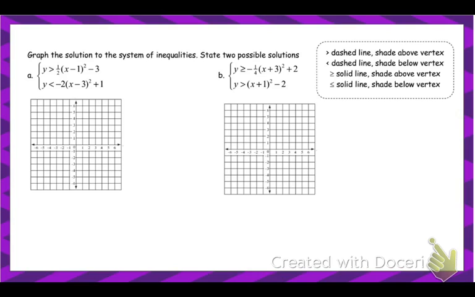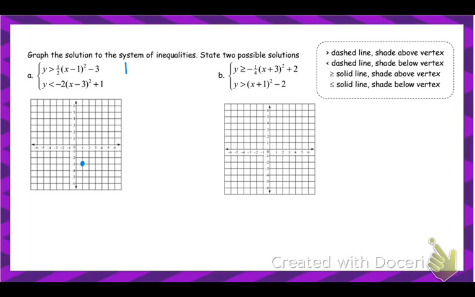All right, so now what we're going to do is look at a system of inequalities. So very similar, we're just going to find where the shading overlaps. So a lot of graphing practice here. All right, so on the first one, 1/2 times x minus 1 squared minus 3, that's going to be a vertex of 1, negative 3. It's been compressed by a factor of 1/2.